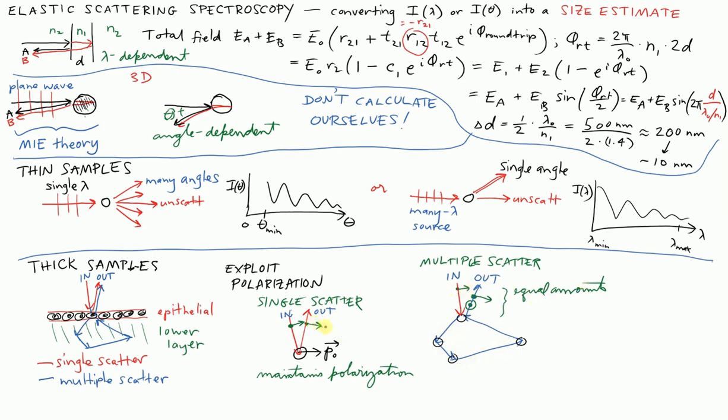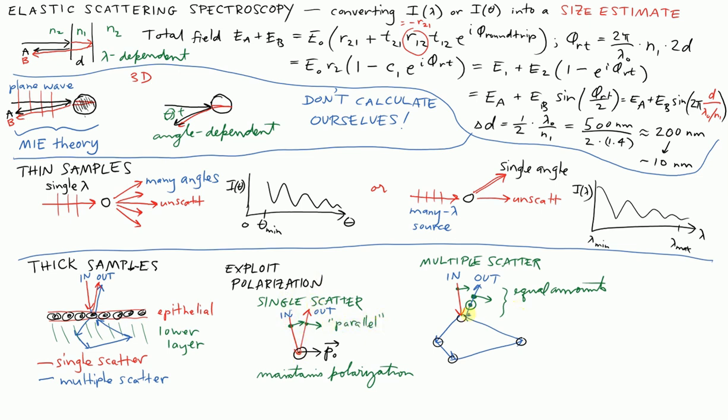Well, let's name these things first of all. If we say that all of this light that came out parallel to the incident light, we're going to name that parallel light. And that's a measurement that we can make. We can send in light through a polarizer and take light back and pass it through the same polarizer.